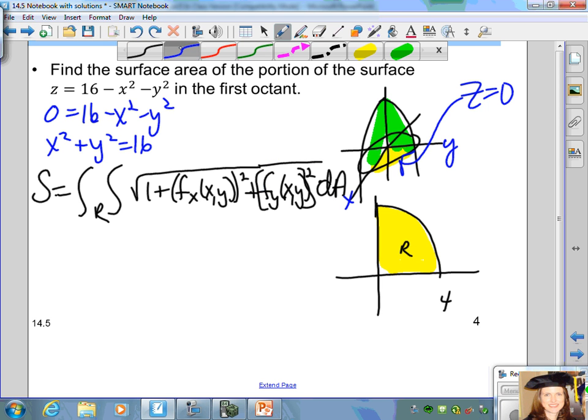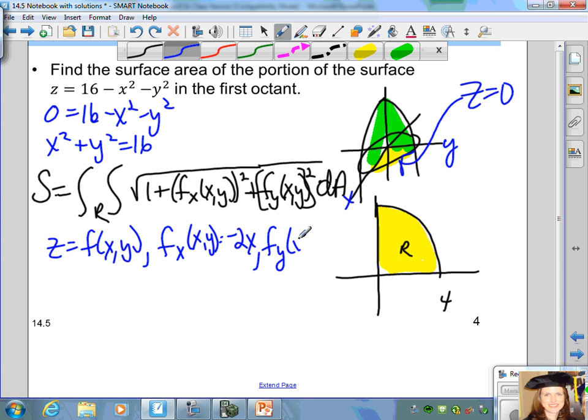So let's find our partial derivatives. Again, z is a function of x and y. So the partial derivative with respect to x of this function is equal to negative 2x. The partial derivative with respect to y of this function, treat y as a variable, x as a constant, that's negative 2y.